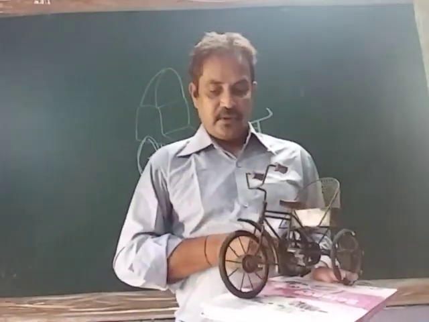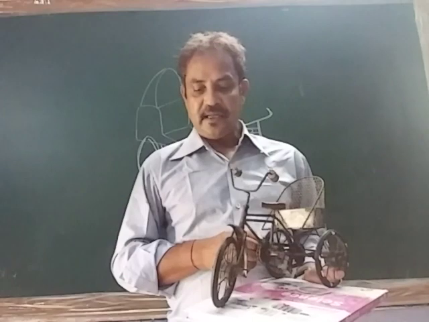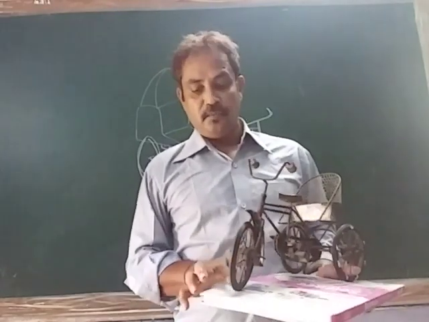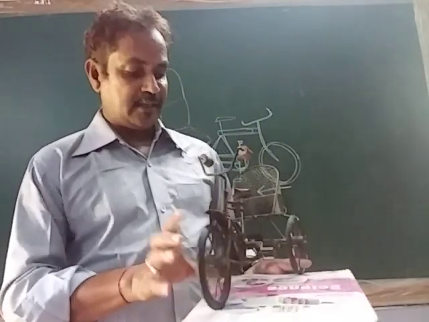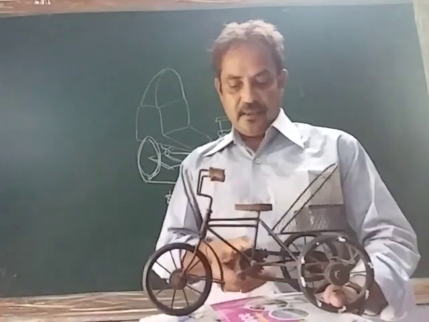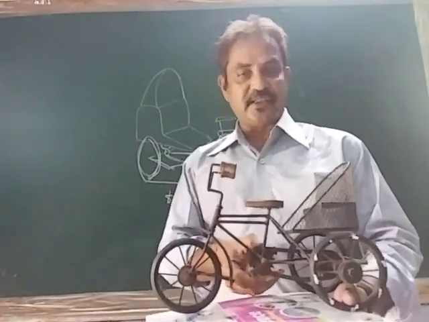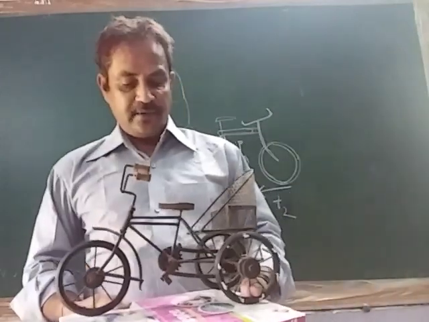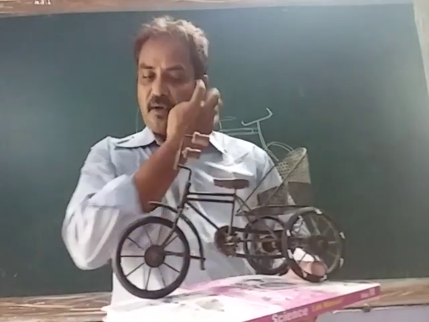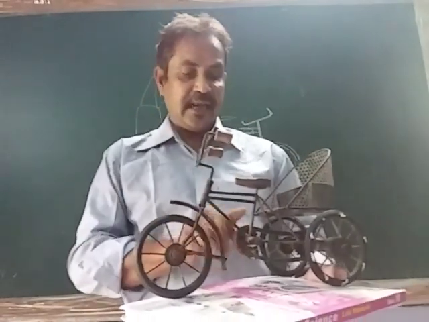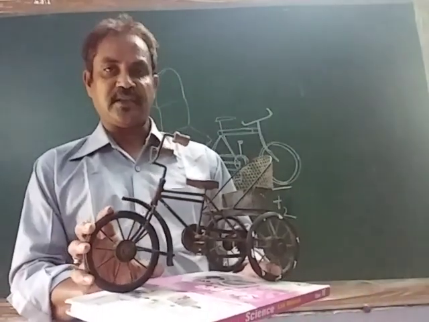Okay, since the rear wheel is moving, the front wheel has a tendency to move in a forward direction, because the front wheel is not attached to the pedal system, chain system and gear system. So every system, gear system, pedal system, rear wheel system, all these systems are attached together, but the front wheel is free from all these systems.